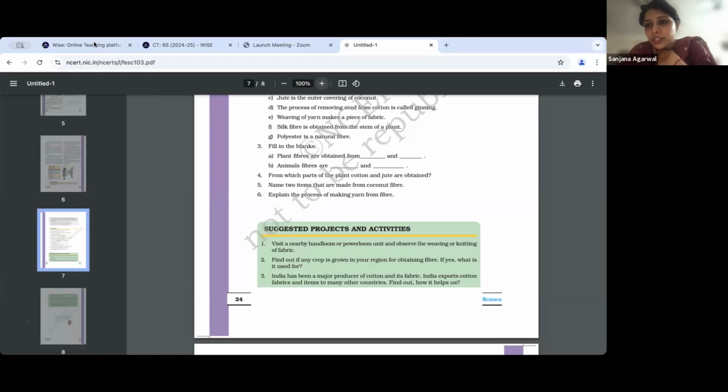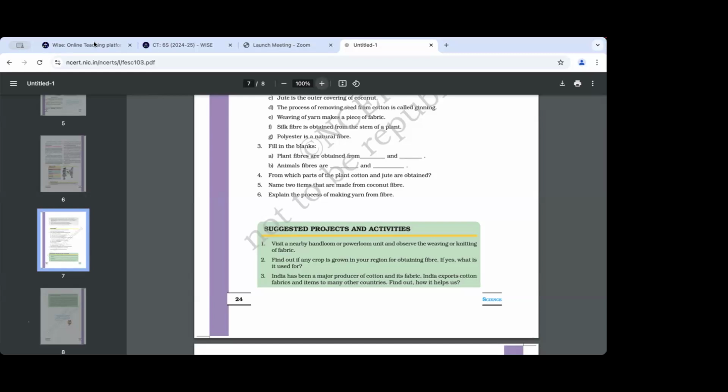Weaving, the process of arranging two sets of yarns together to make a fabric, is called weaving.